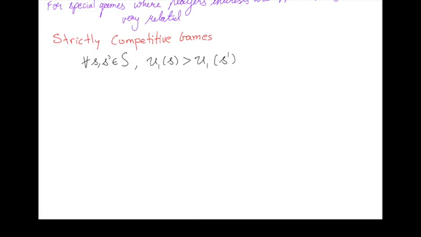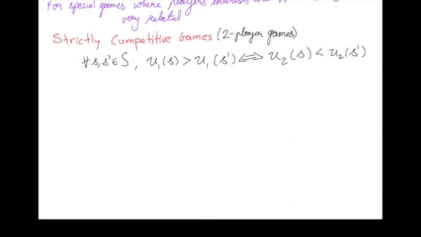In other words, if the payoff from the strategy profile S is higher than the payoff from the strategy profile S prime for player 1, it has to be that the payoff for player 2 is lower from strategy profile S than it is from strategy profile S prime. In other words, player 2 prefers the outcome that happens when the strategy profile is S prime than the one that happens when the strategy profile is S. This is for two-player games, just to be clear.